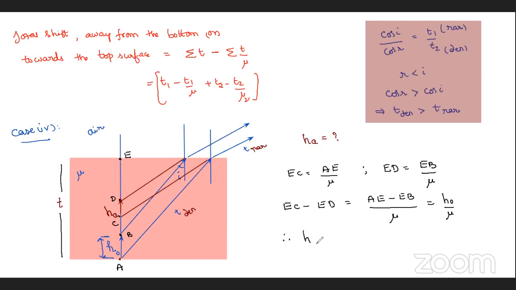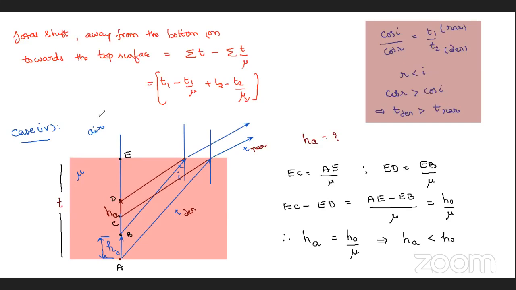Therefore, apparent height of object is equal to original height of object divided by mu. Okay? Here also you are dividing with mu of denser medium. Correct? Yes, sir. Which mu is always greater than 1. That implies, from this derivation you can say HA is less than HO.